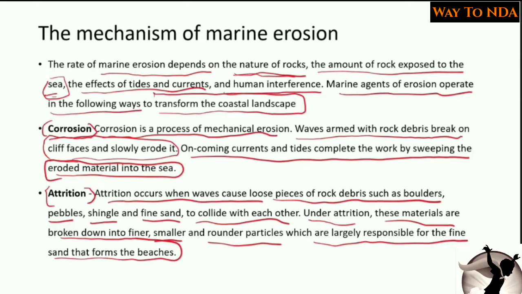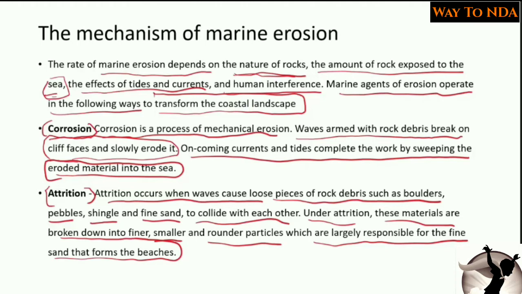Now, whatever material is eroded from the cliff, we have seen the corrasion was happening: the waves were hitting the cliff along with the rock debris brought by the waves, and it was eroding the rock cliff. A lot of material, the boulders, the pebbles, the shingle, and the fine sand, was created from the cliff. When this was eroded, it was also having friction among themselves.